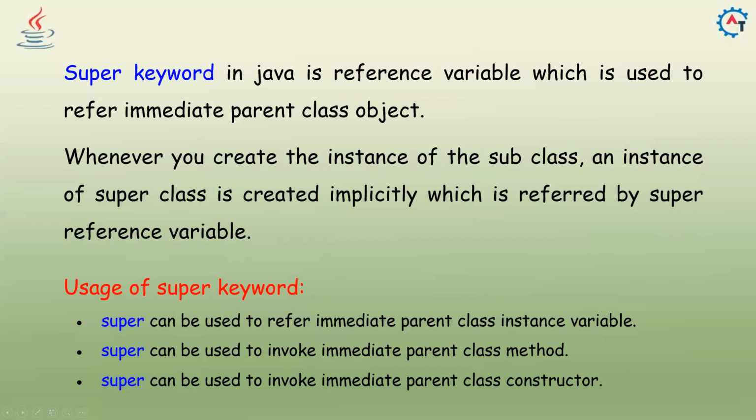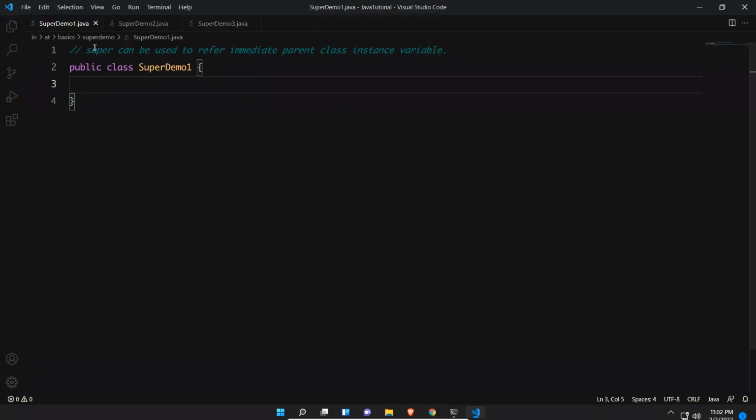Let me go to Visual Studio Code. Here I created the SuperDemo1 class, and super can be used to refer to the immediate parent class instance variable. Parent class means we should have at least two classes. So I'll create another class, Parent, and we are talking about instance variables.